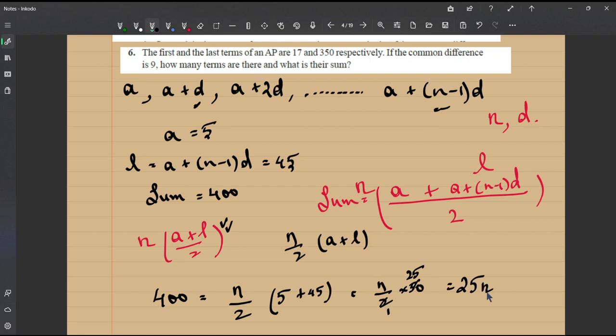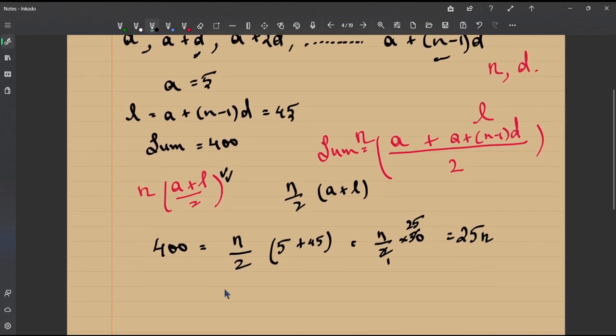So 400 can be equated to 25n, and from here we can find the number of terms in the AP, that is n is equal to 400 by 25. We're just dividing both sides by 25.